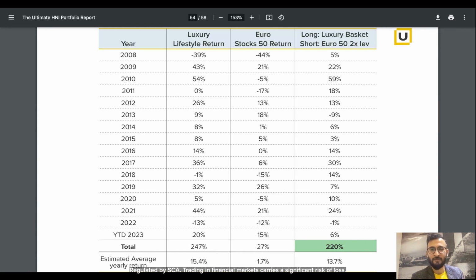In positive, luxury lifestyle has 43% and Euro stocks 21%, so luxury lifestyle outperformed. Have a look at these first two columns and tell me how many times luxury lifestyle over 2008 till 2023 has outperformed Euro stocks. You can type your answer here.